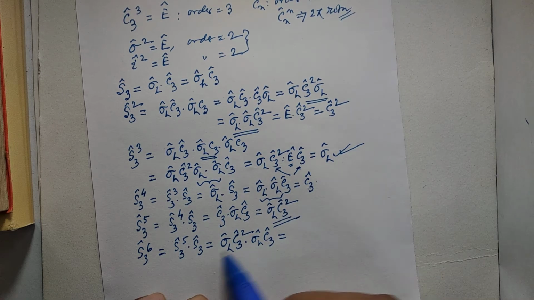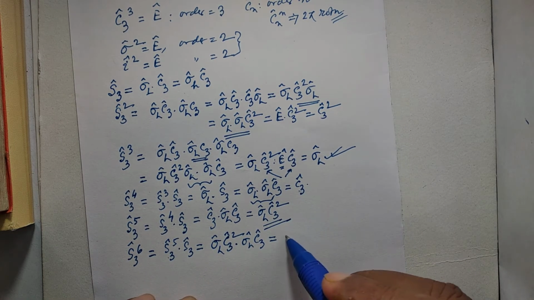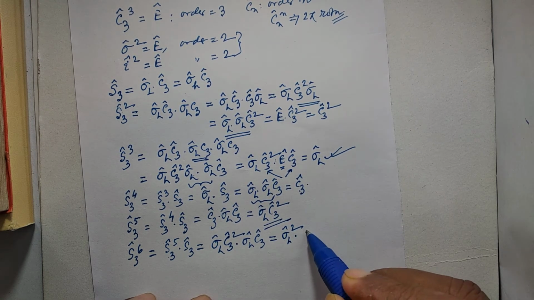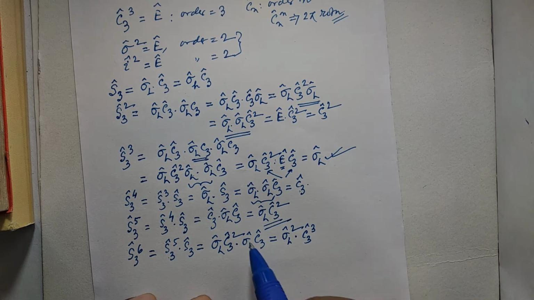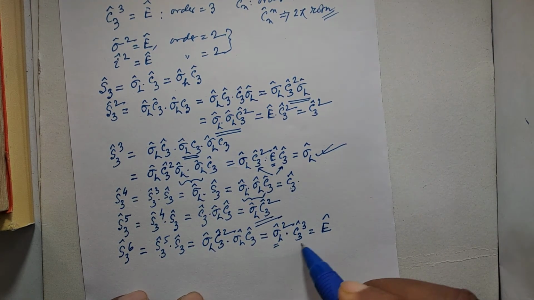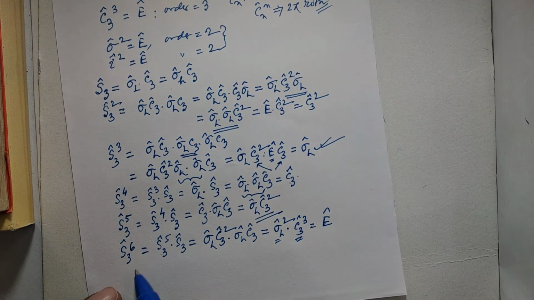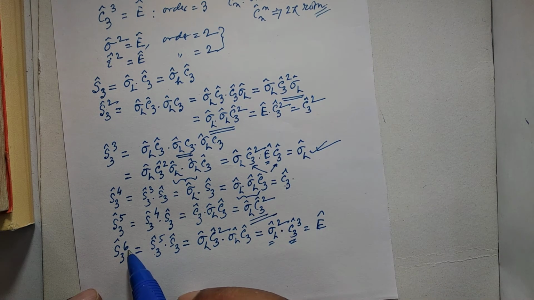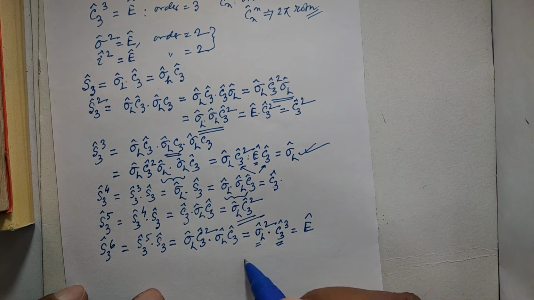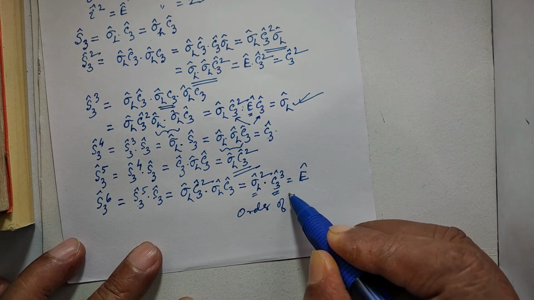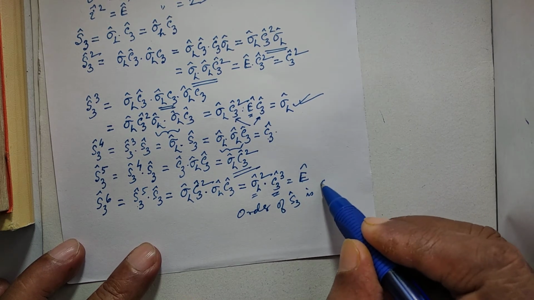And then again applying the commutation rule, we will get sigma h square C3 three times. This is identity, because this is identity and this is also identity. So we get identity only after applying S3 six times consecutively. Therefore the order of S3, or period of S3, is 6.